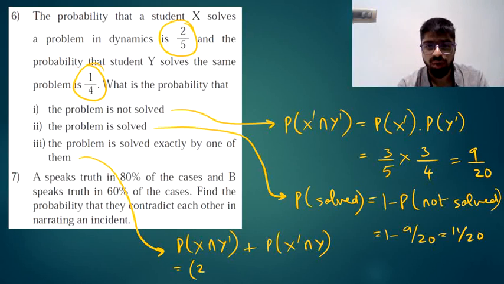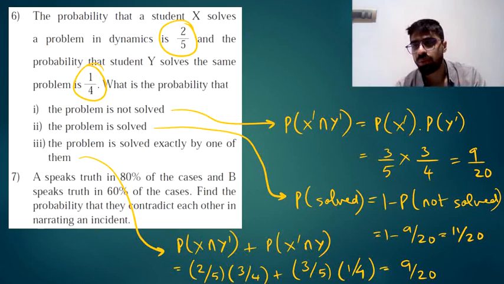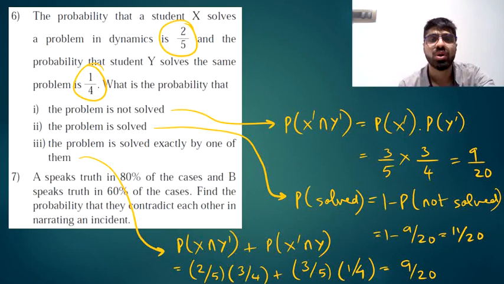Probability of X solving is 2 by 5, Y complement 3 by 4, plus P of X complement, that will be 3 by 5, and P of Y, that will be 1 by 4. Okay, so if we just evaluate these numbers, the denominator will be 20 and the numerator is 6 plus 3, which is 9. So this will be equal to 9 upon 20. And is that right? Let me just verify that. So it's 6 and 9. Yeah, 9 upon 20 is the right answer for that third part.